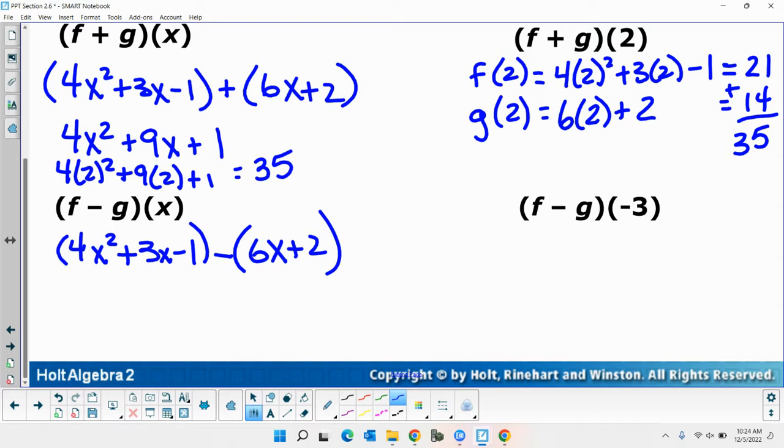Negative 3x squared minus 3x. Now, what else? Negative 1 minus 2. All right? So the negative out there makes that 6 negative basically and the 2 negative, right?